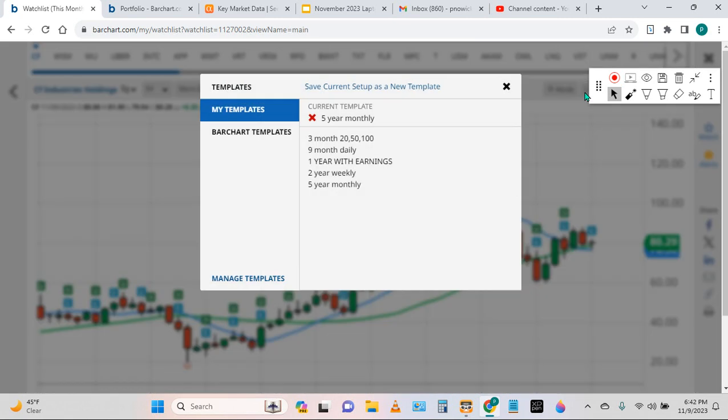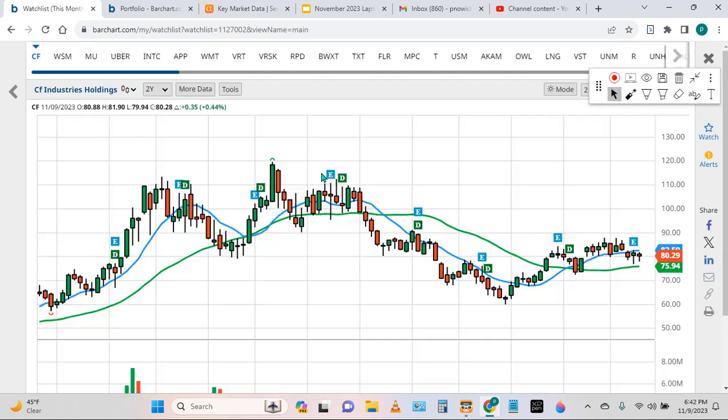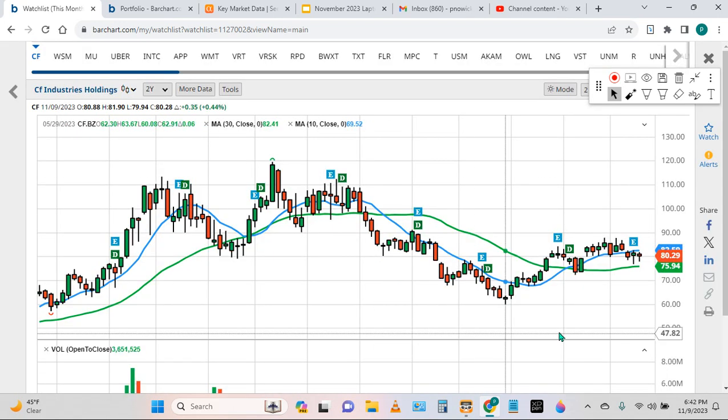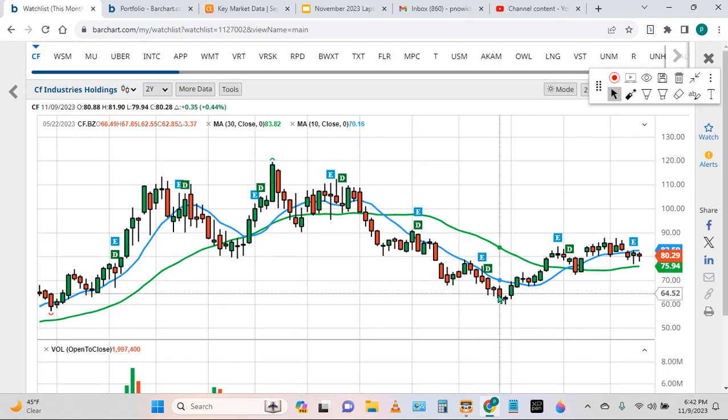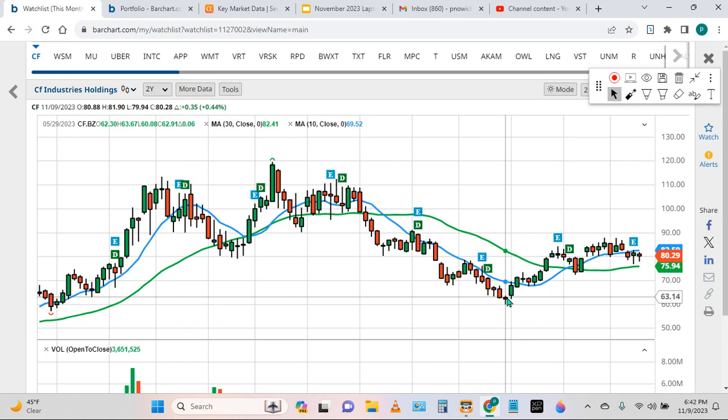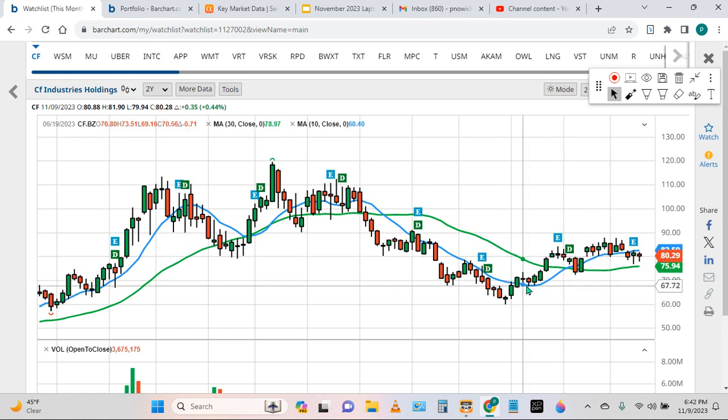And one thing you can do to get more evidence is to go down to a lower time frame. So we'll go from the monthly to the weekly chart. See some positive signs for CF, where price has crossed over the moving average, then it came back down, it went back up.